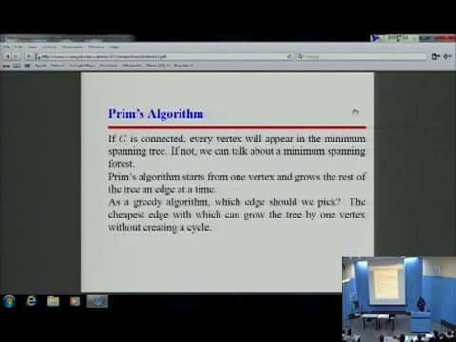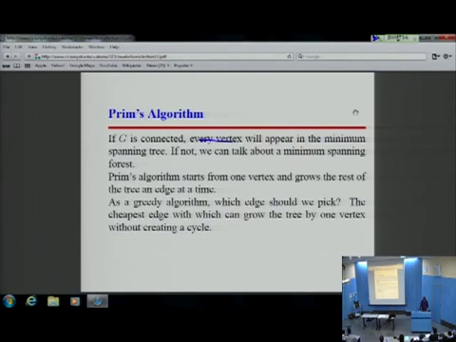Before we go today, let me describe to you the first algorithm to find minimum spanning trees. It's called Prim's algorithm. We know that in a minimum spanning tree, the tree is going to be connected, and every vertex will appear.